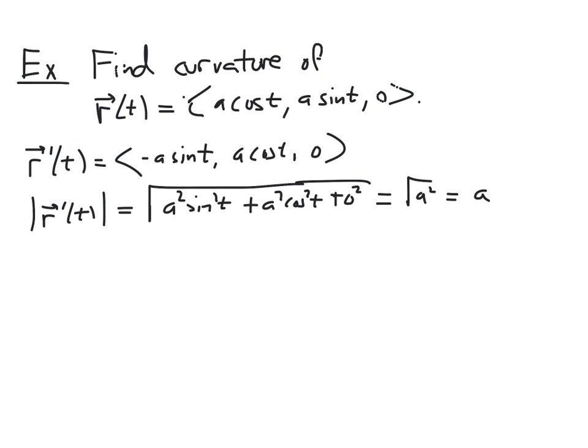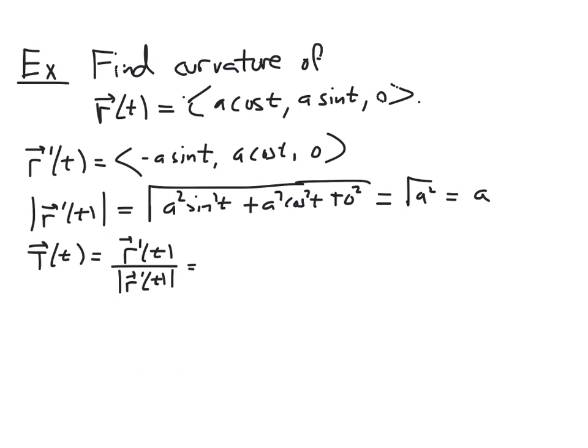Remember, I guess I didn't mention in the beginning, a we're thinking of as the radius of the circle, so a is positive in this case. So the magnitude of r prime of t is just a. And so our tangent vector T, we know, is r prime of t divided by that magnitude of r prime of t that we just computed.